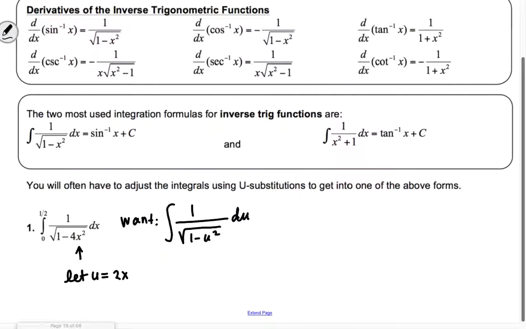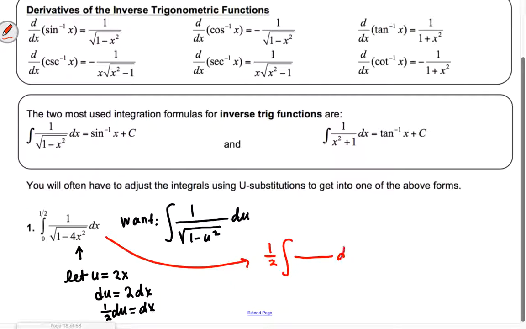All right, now when we do our du, that's nicer for us because now we get 2 dx. So I have 1/2 du, which is going to replace our dx. So as I'm replacing, I have the integral, my dx was replaced by 1/2 du. And my square root part is now the square root of 1 minus u squared, like I want.